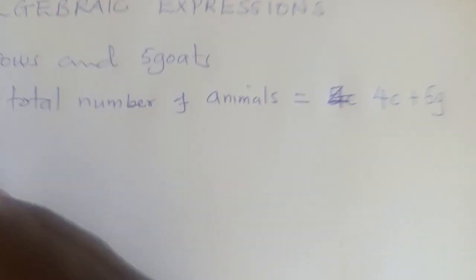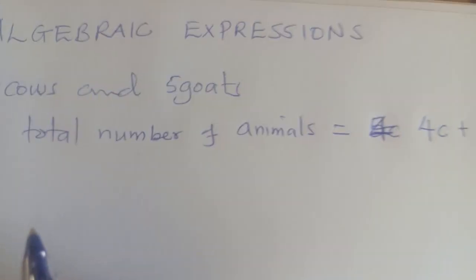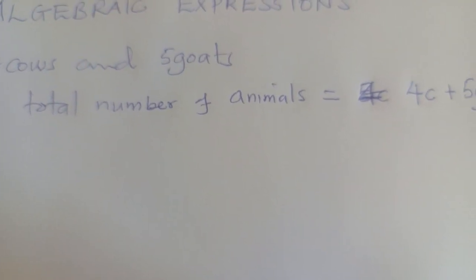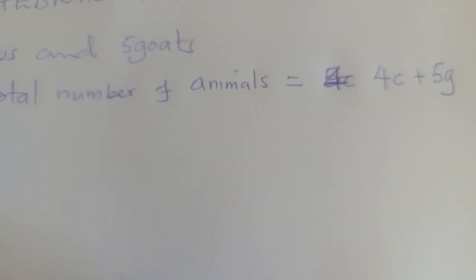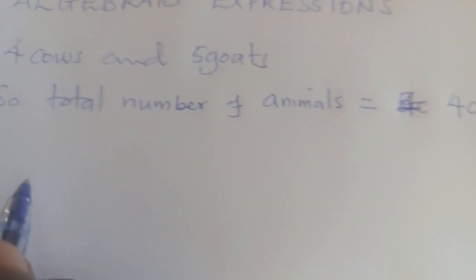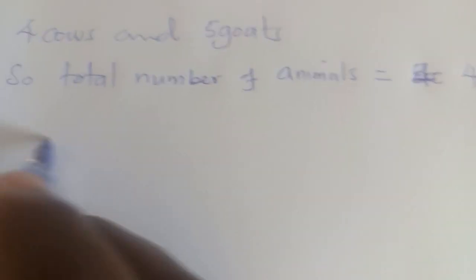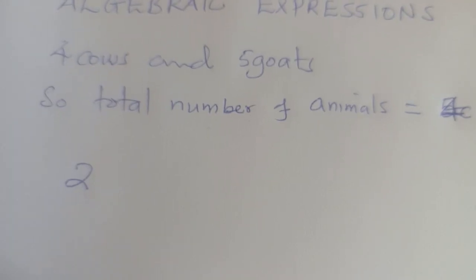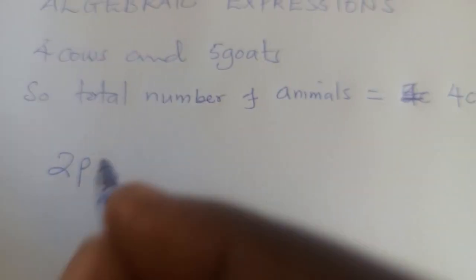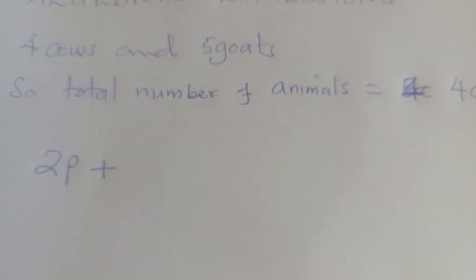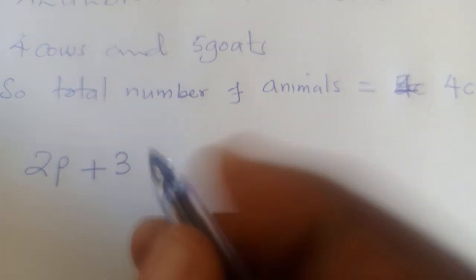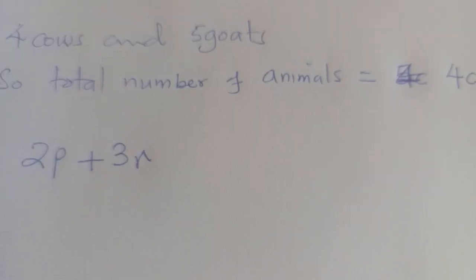If we could have another case of a student having, let's say, pens and rubbers. So he has, for instance, two pens. So we can represent the pens by letter P. So we say 2P. And let's say three rubbers, so 3R.